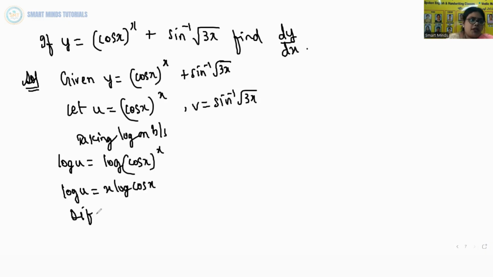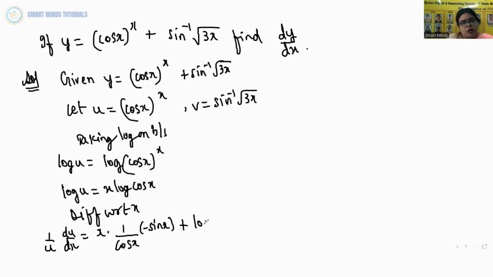Now differentiating with respect to x. So 1 by u du by dx equals, right hand side we apply uv rule. So x into derivative of log cos x is 1 by cos x, then derivative of cos x is minus sin x, plus log cos x I am writing as it is, x we are differentiating.